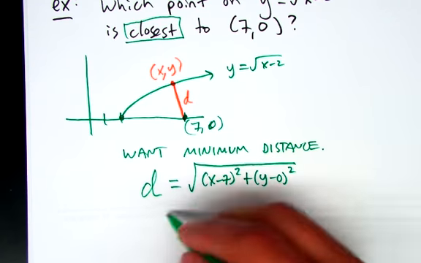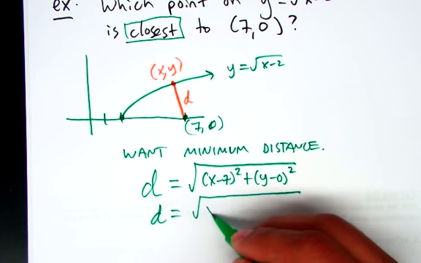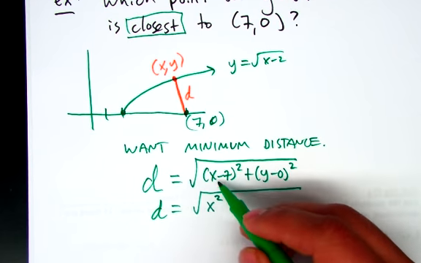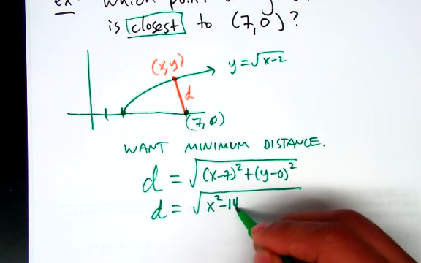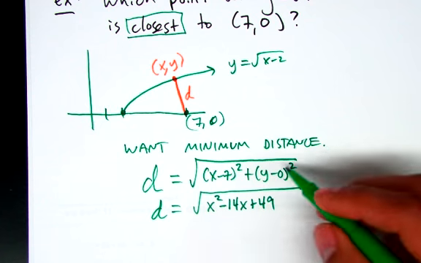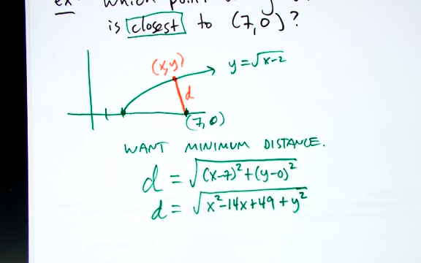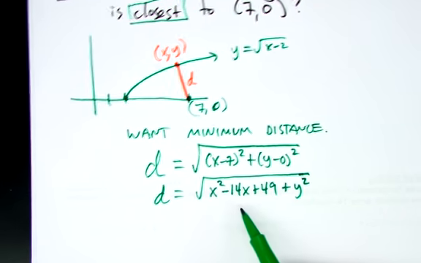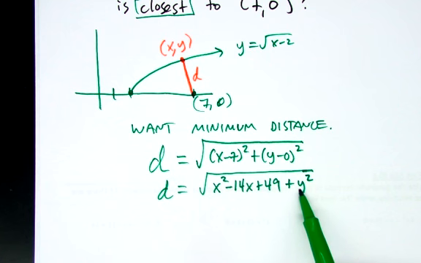And let's just simplify that. So we have x squared. Don't forget, if you FOIL out x minus 7, there's a middle term there, so be very careful. And then y minus 0, that's just y. And then square it, that's y squared. Okay. So just like the problems from 4.4, the main problem right now is that we have two letters, we have two variables, we just want one only.